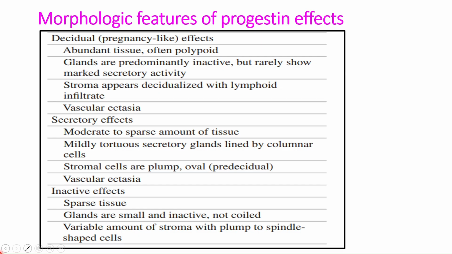So, the decidual or pregnancy-like effect shows abundant and often polypoidal tissue in the dilatation and curettage specimen. Glands are predominantly inactive but rarely show marked secretory activity. Stroma appears decidualized with lymphoid infiltrate and vascular ectasia.